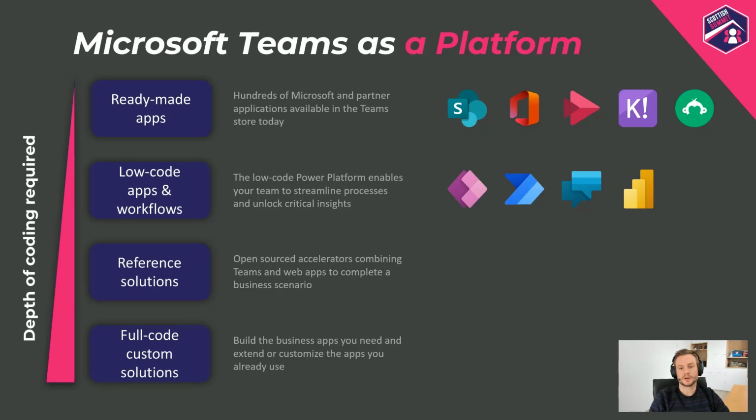The third level are the reference solutions, also known as the app templates. And these are open source applications that are made available on GitHub by Microsoft and partners and the community, and they complete a business scenario. So you can use them as is, download them from GitHub, install them in your Teams client. You might need some Azure knowledge to get all of them up and running.